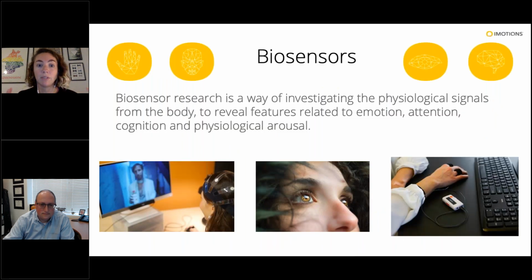Biosensor research is a way of using sensors that are wearable or remote to capture the non-conscious signals that our bodies are sending when we are reacting to something, whether it's an experiment, a stimulus, a situation, or an environment. Complex simulations, for example, could be a way of immersing oneself in an environment, and then we are able to help you extract the data from biosensors, synchronize them, and analyze them in one platform.